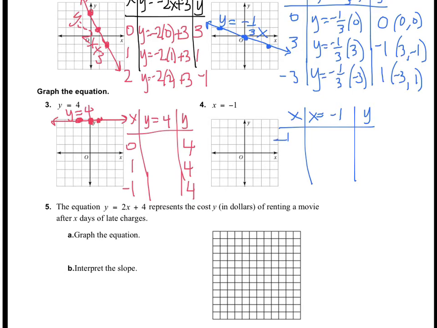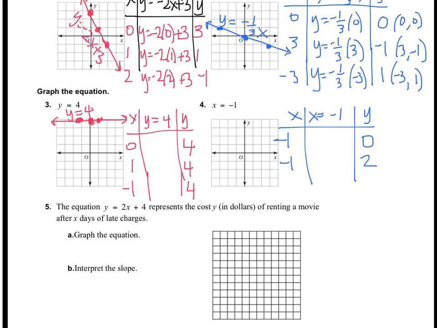So I pick -1, and then there really isn't anything to do with the -1. It just says x has to be -1. So I can pick any number I want, and my favorite number is 0 because it's easy. Then x has to be -1 again, because they're telling me what it has to be. And I'll make this a 2, just because I randomly decided to put a 2.